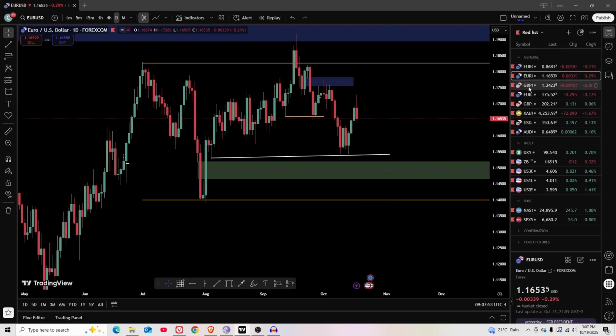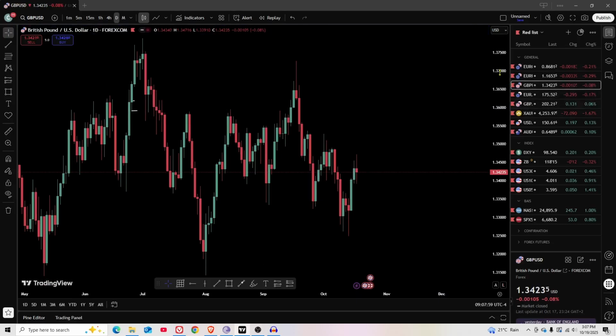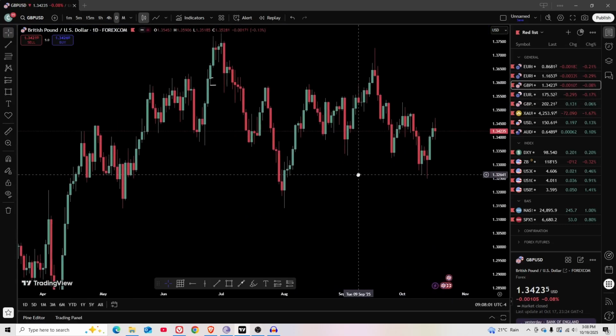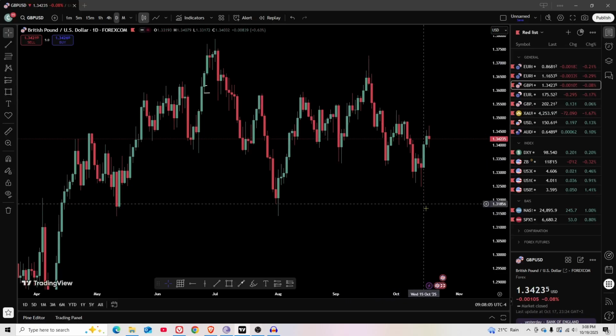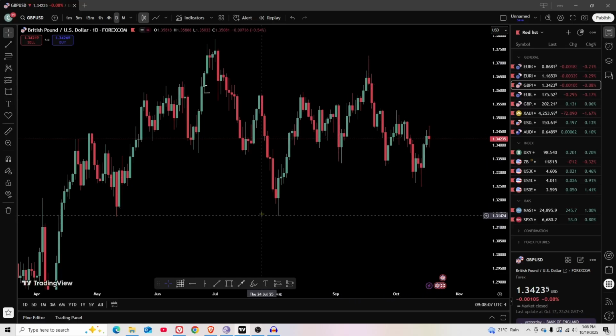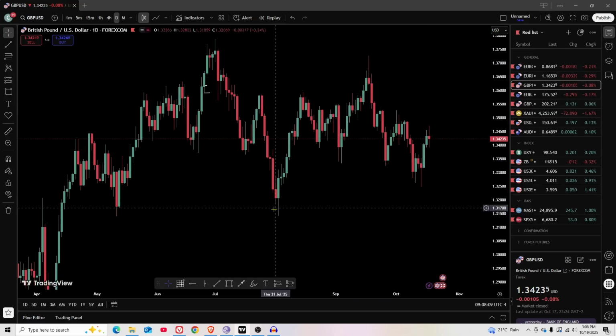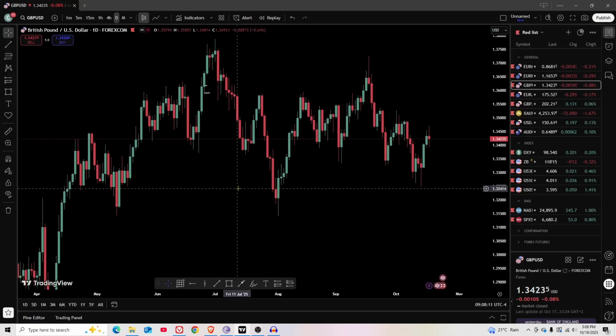Then we'll move to your GBP USD. On the GBP USD, I'm looking for the very same thing. What I'm looking for from this pair is a downtrend. I'm looking at all these lows as a potential place where the market is going to take them out.